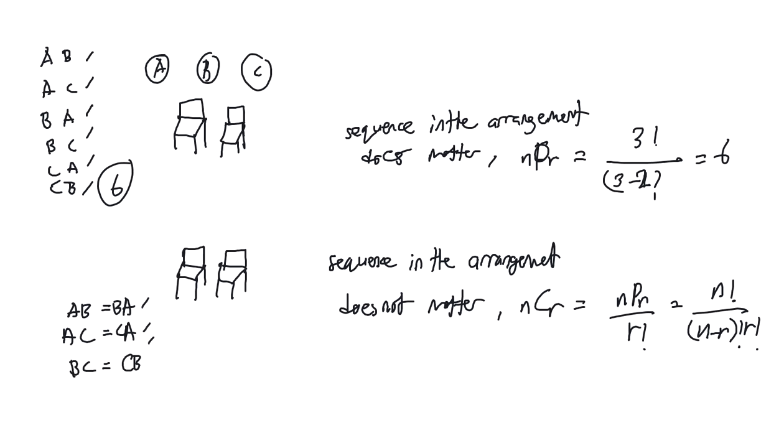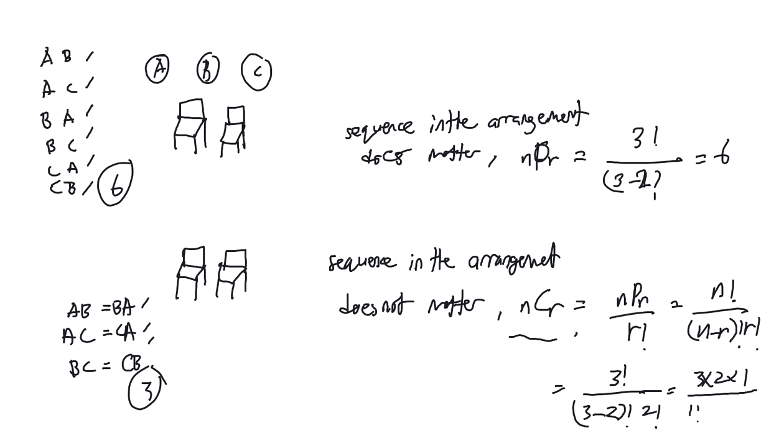So only 3 arrangements. Will this be proven if we put it in the formula? So it will be proven. n is 3, so 3 factorial over 1 factorial times 2 factorial. So it is 3.